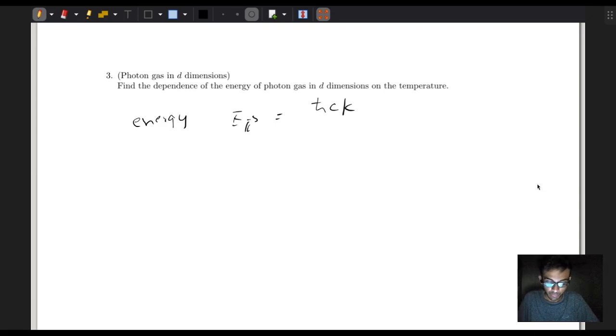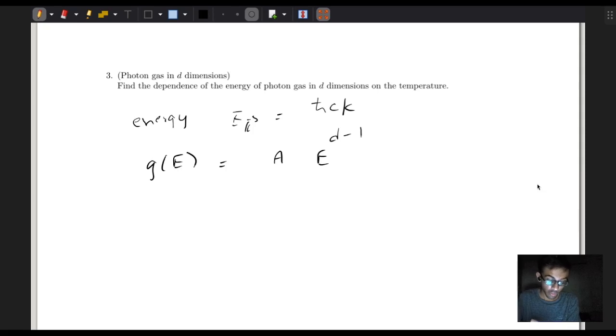So the density of states g of E is going to be some constant A times E to the d minus 1, because these excitations are linearly dispersing in the momenta.